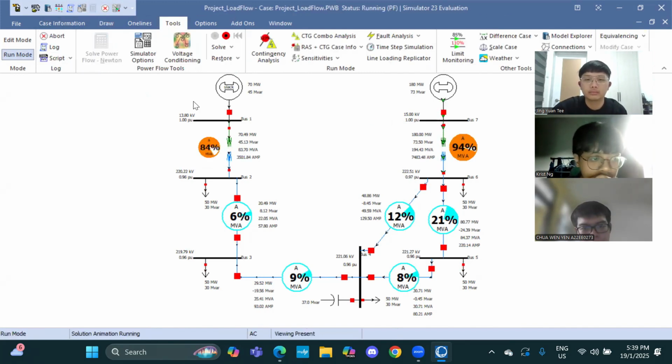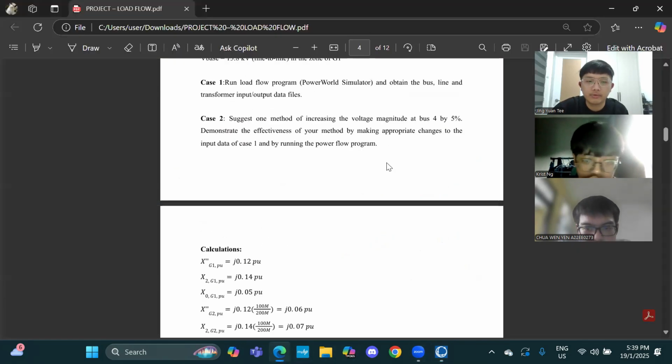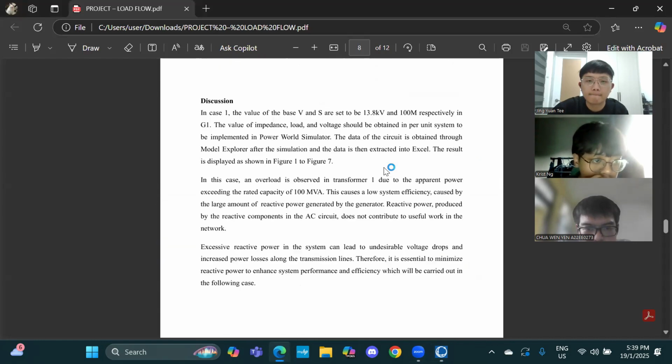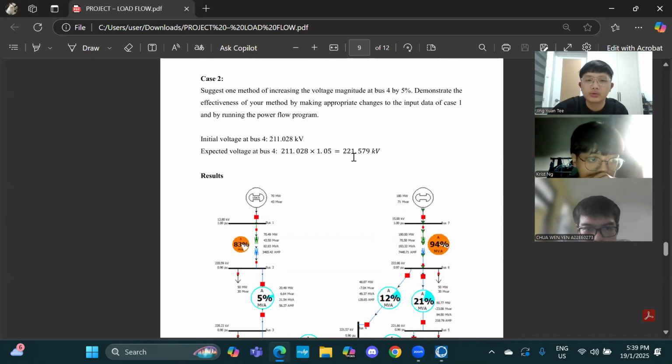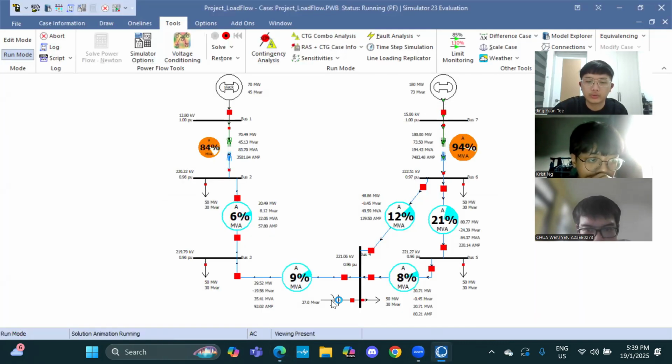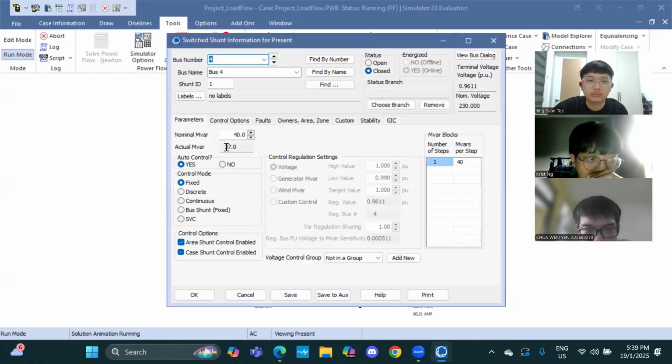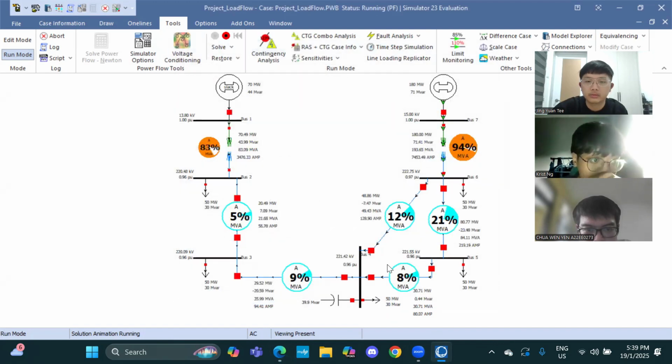So you can see that the overflow has been resolved, but the voltage here is still not our desired value. The desired value should be 221.58. So we try to increase the MVAR here. Let's say we put 43.